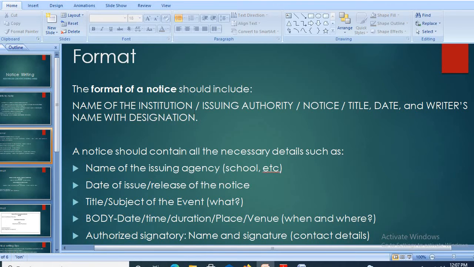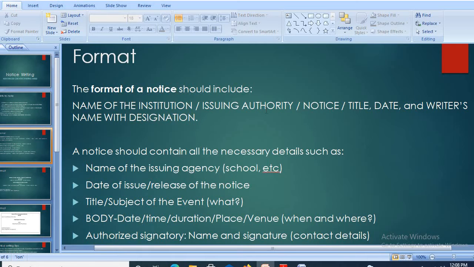Name of the institution or issuing authority, that means the institution who is issuing the notice, that has to be mentioned. The word notice has to be mentioned properly. Title, date, these things are very important. And writer's name with designation, that means who is issuing the notice.